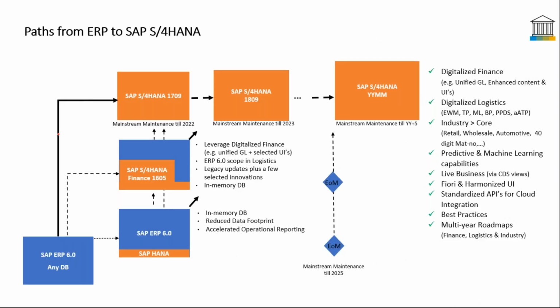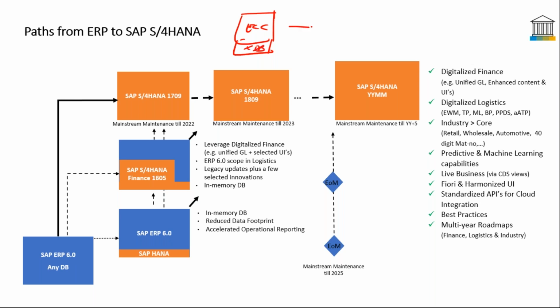So when it comes to the paths, what is the path that one has to take when he has to go for SAP S/4HANA? Many customers have this issue: they already have an ECC system. What is the path I should follow? Suppose he has an ECC system sitting on some X database.